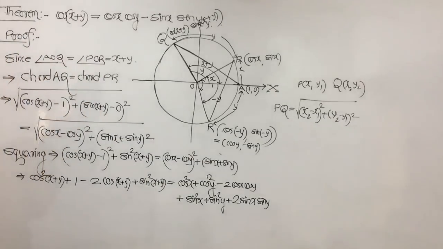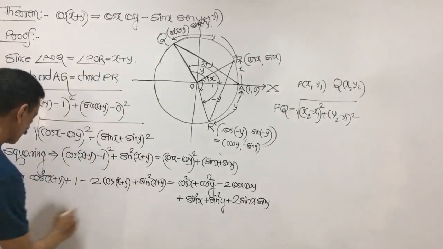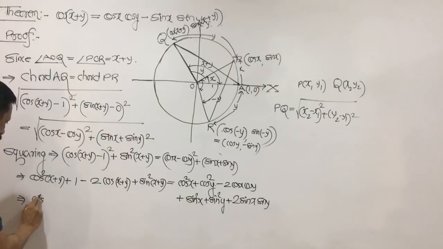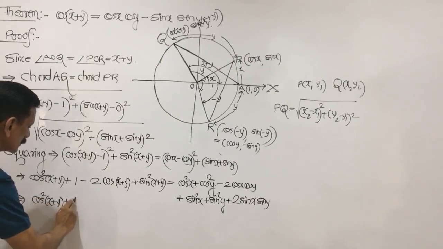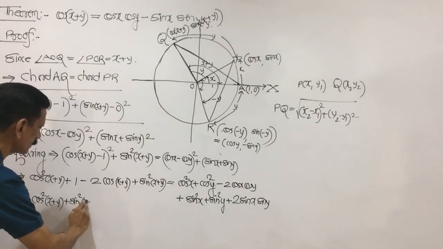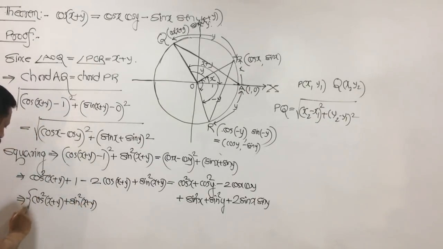Okay my dear friends, after that see this, I write, look here, pay attention. So I take this and this together. So I write here cos square of x plus y plus sin square of x plus y, I put the bracket for this.